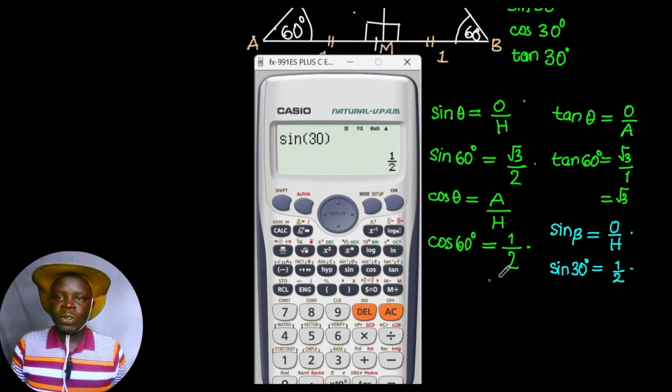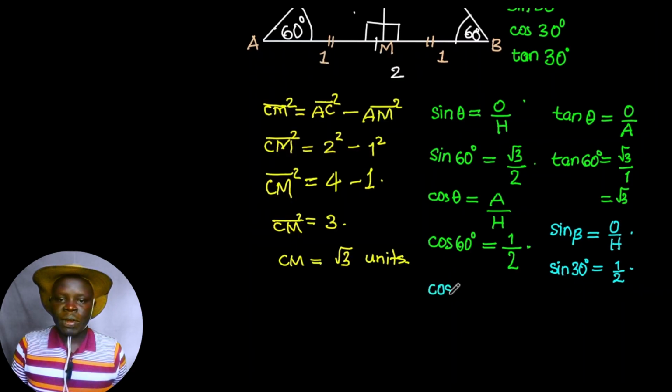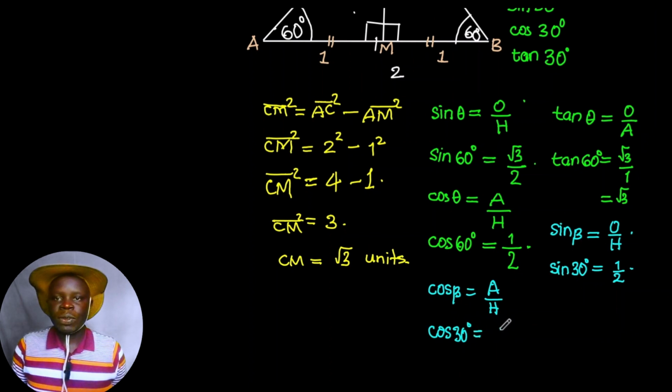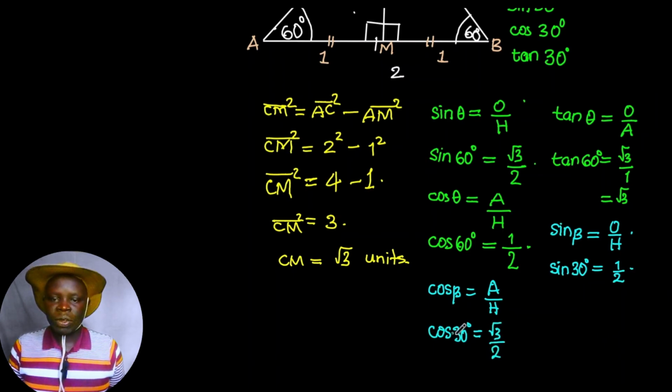Next is cosine. Cosine of angle theta is given by adjacent over hypotenuse, and we know our theta is 30 degrees in this case. So this is equivalent to the adjacent, which is root 3, over the hypotenuse, which is 2. We look at the cosine pattern and sine of 60, which is root 3 over 2, the same thing.